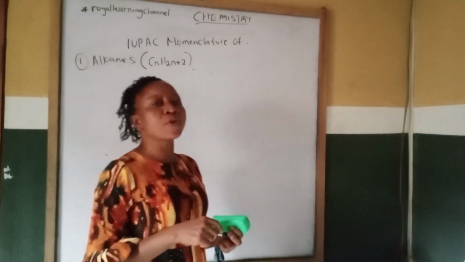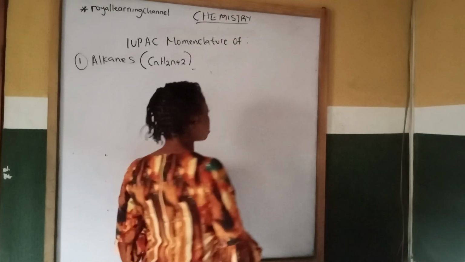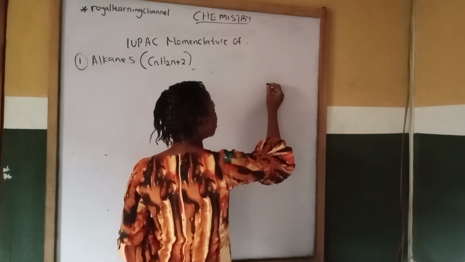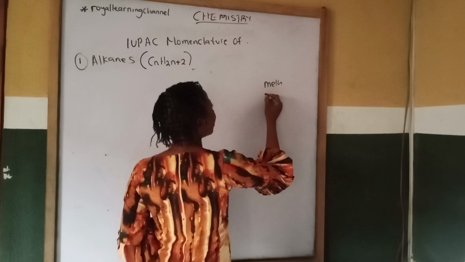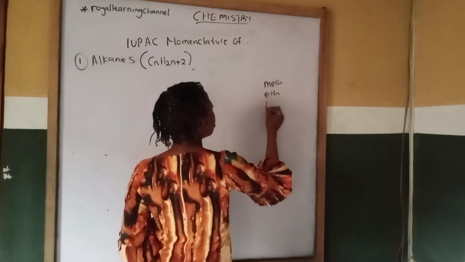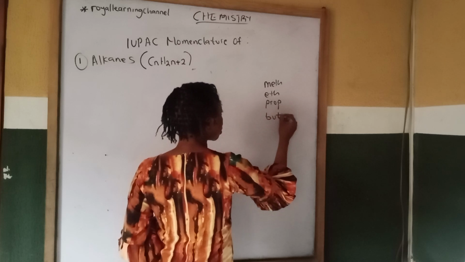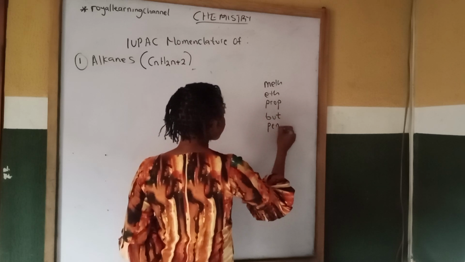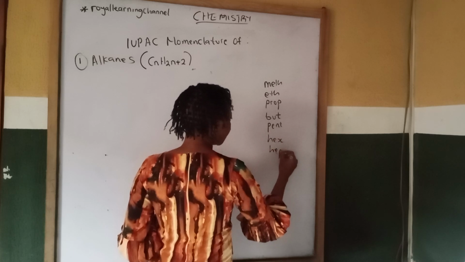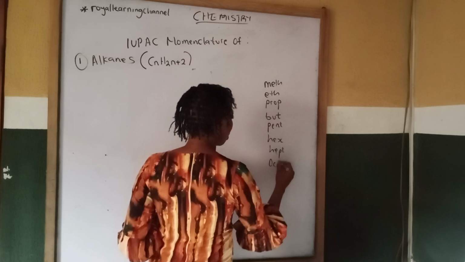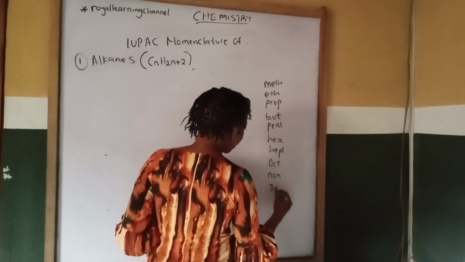Now, all hydrocarbons start with the following prefix: met, et, prop, but, pent, hex, hept, oct, non, and dec.